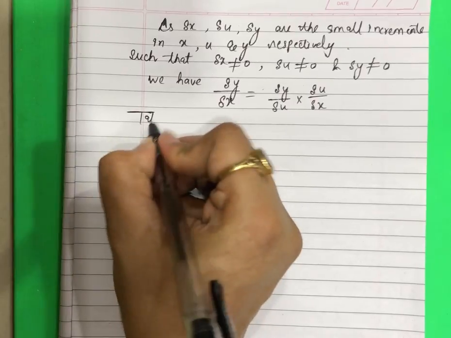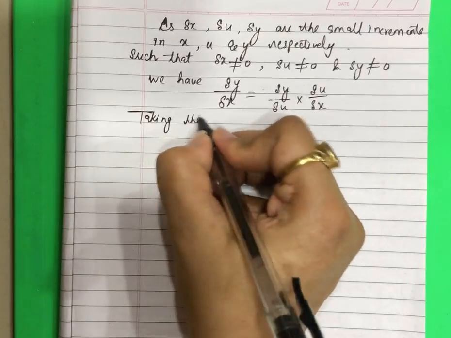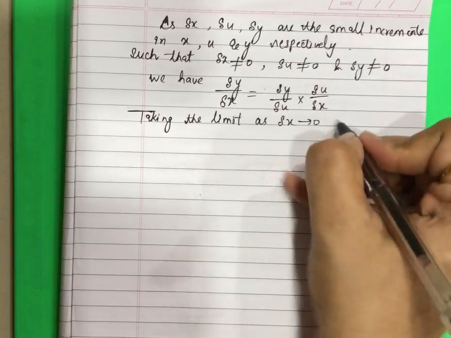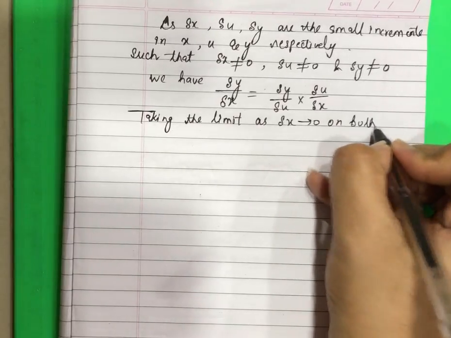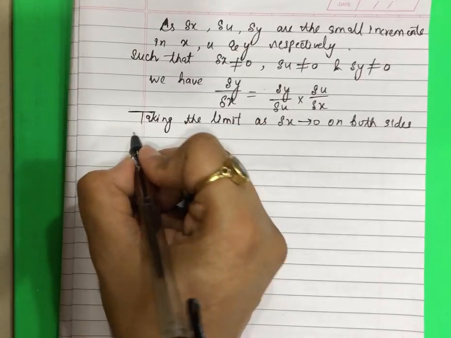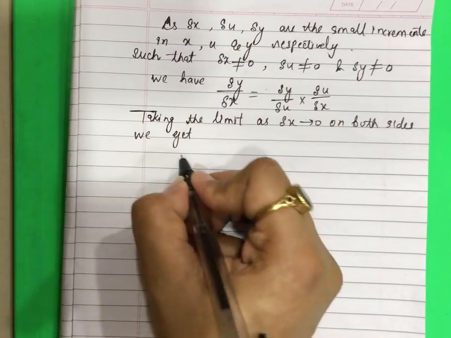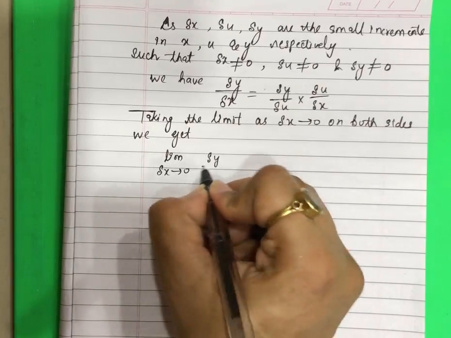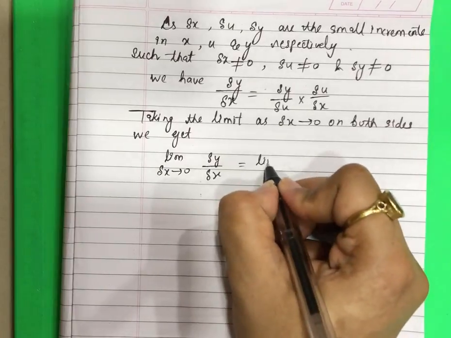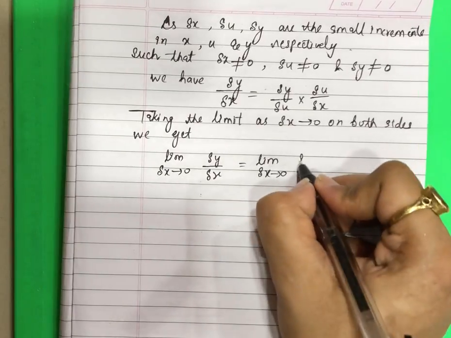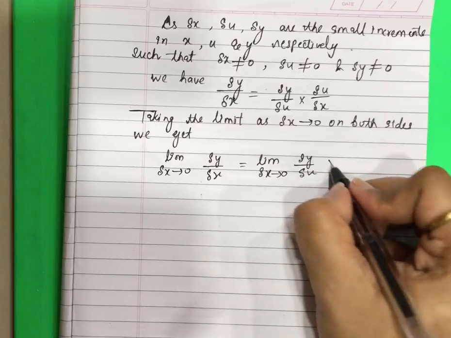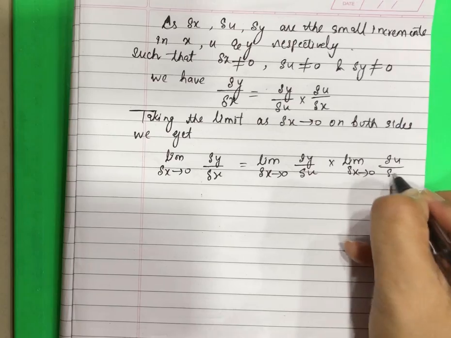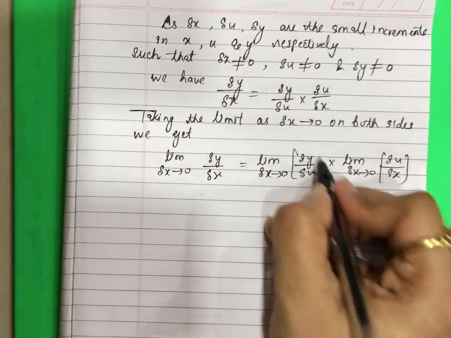Now taking the limit as del x tends to 0 on both sides, we get limit del x tends to 0 of del y by del x is equal to limit del x tends to 0 of del y upon del u into limit del x tends to 0 of del u upon del x.